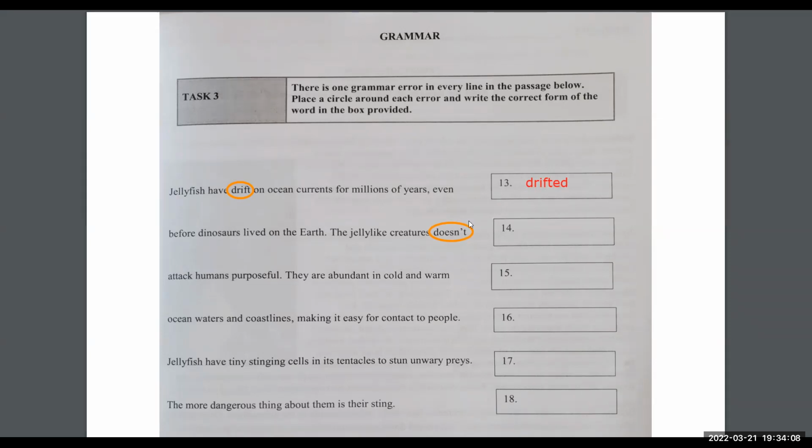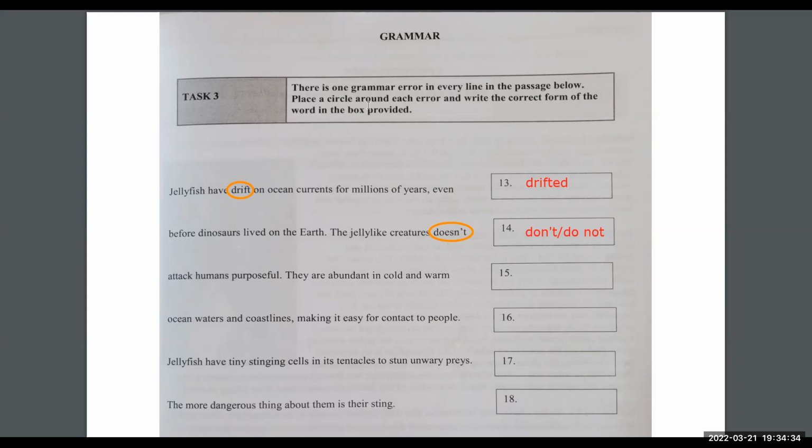Do not. Right, so we could say do not or don't. It doesn't matter which one you put. Once you say don't or do not, you get the mark either way because it's telling the examiner that you realize that you need to have the plural next to the jelly-like creatures.